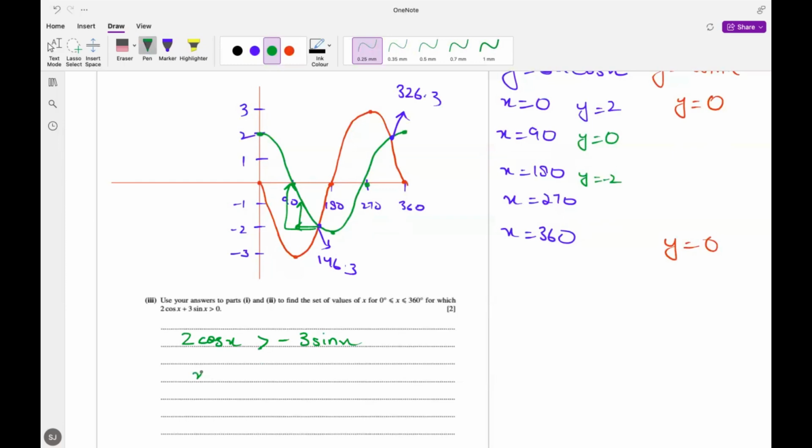So one of the values of x will be x is less than 146.3. And if we move forward from 326.3, we can see that the 2 cos of x graph is greater than the -3 sine of x graph. So the other value of x will be x greater than 326.3.